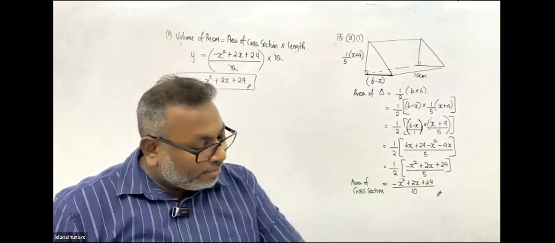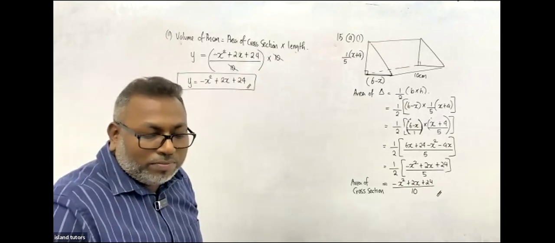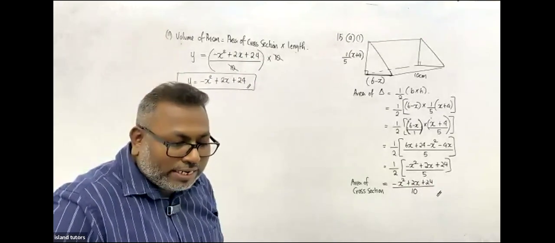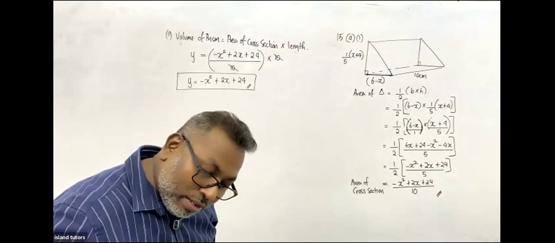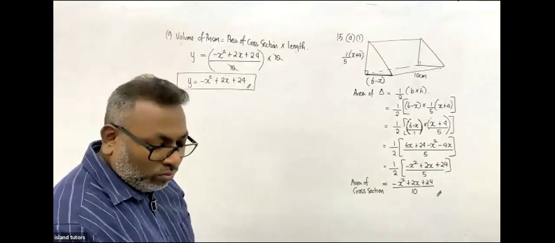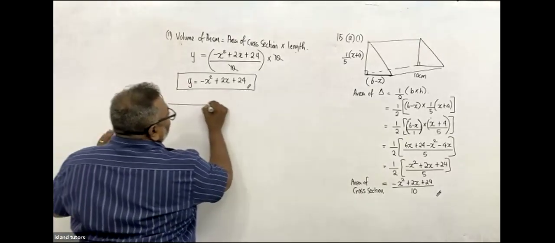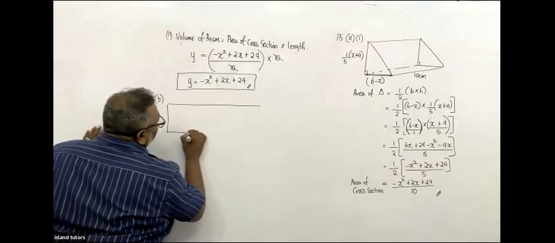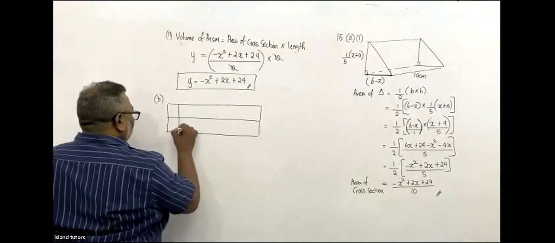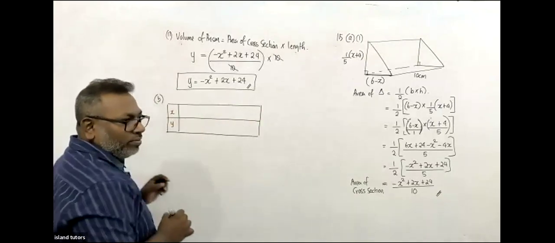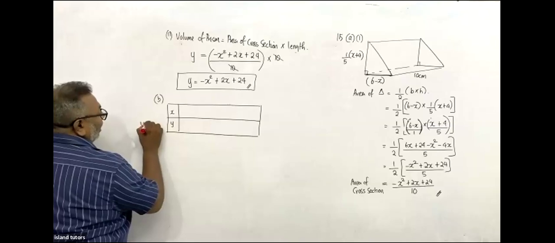All right. Then they're saying the volume of the above triangular prism for different values of x is shown in the table. That we will do. So that is part B. They're giving you a table. You have x and y. So for different values of x, they're giving you the volume in y.